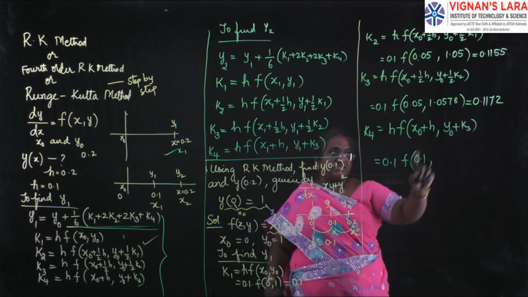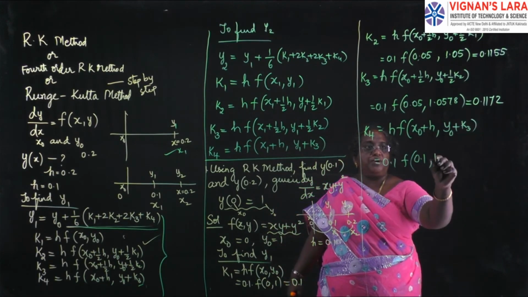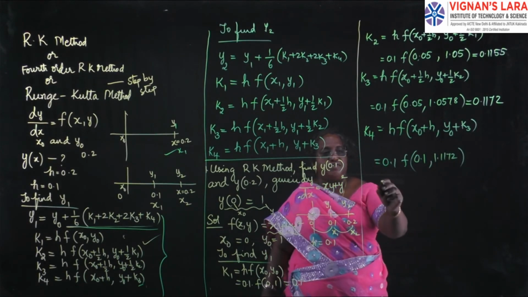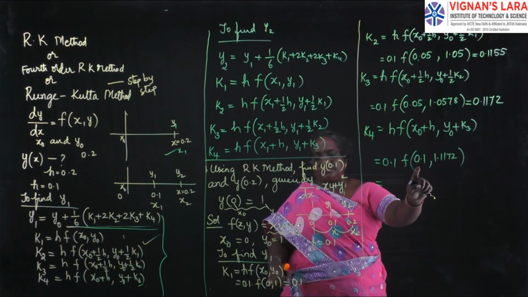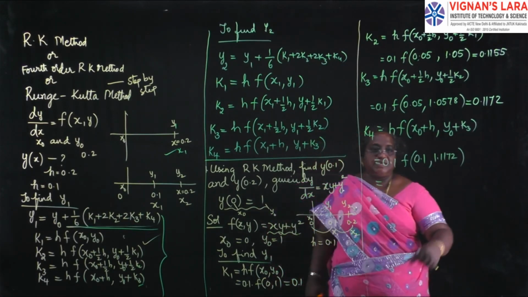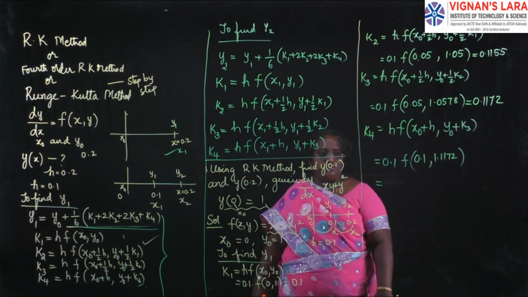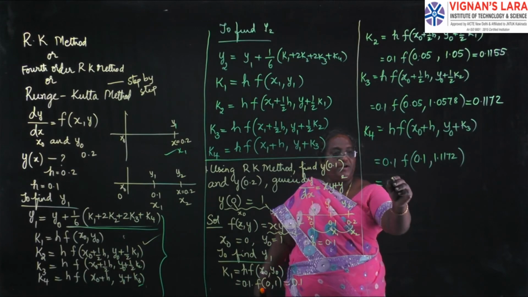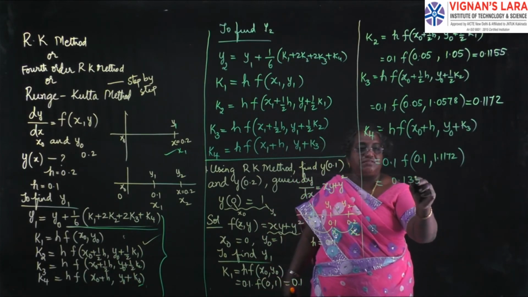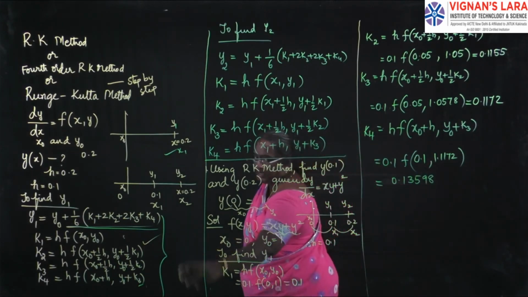Y naught plus k3 means y naught is 1 plus k3, so 1.1172. Again, if you substitute these values in the function xy plus y square, so what is x value? 0.1. Y value 1.1172. Now this will turn to be 0.13598. So we got K1, K2, K3, K4.